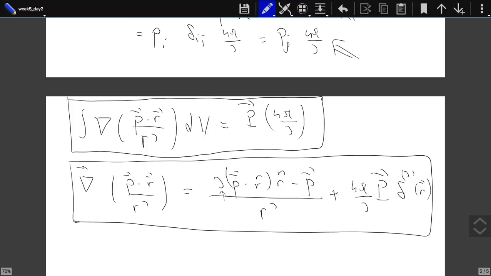Now the integral of both the left-hand side and the right-hand side over a sphere are equal.